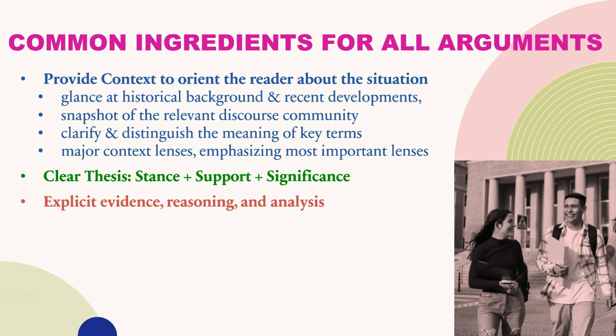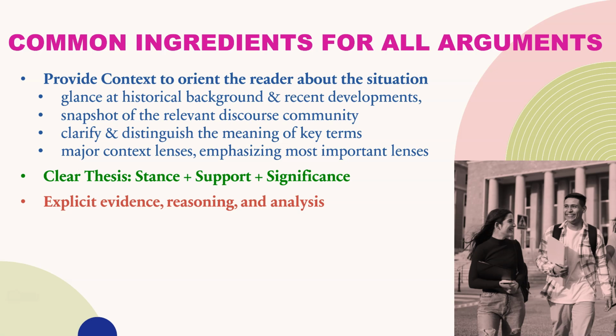And then explicit reasoning, evidence, reasoning, analysis. Throughout your topic, you will present claims that develop that thesis, that state what your stance is, and you will need to include explicit evidence, so direct quotations clearly cited, detailed reasoning, so why that evidence is connected to your claim and why is it connected to this point that you're trying to make.